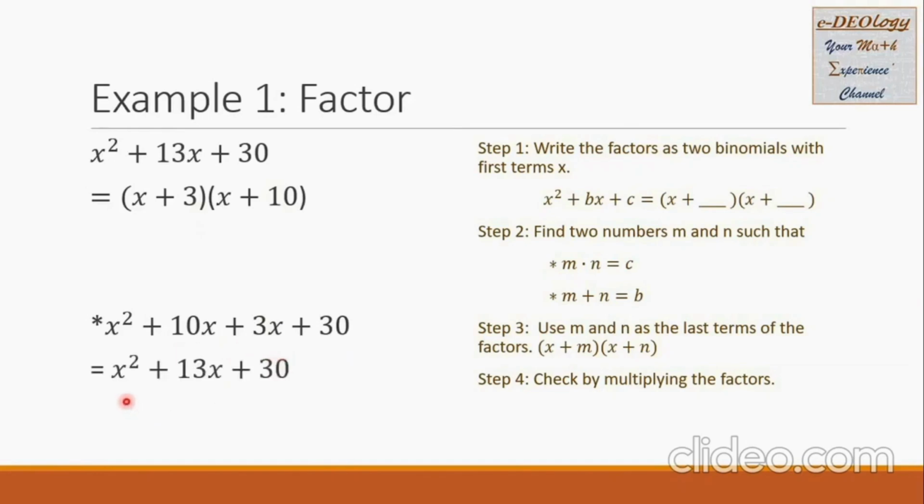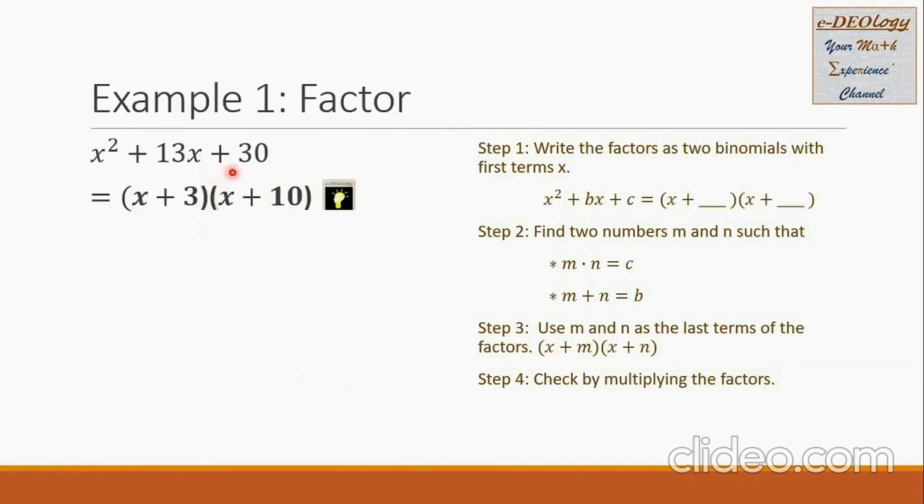And the final answer is x squared plus 13x plus 30, same with our original trinomial on top. So what does it mean? It only means our answer here is correct. And this is our final answer.